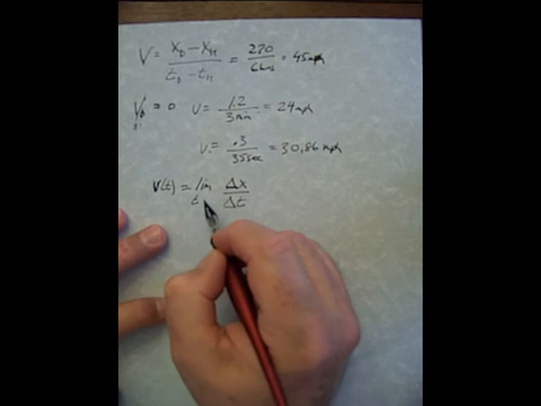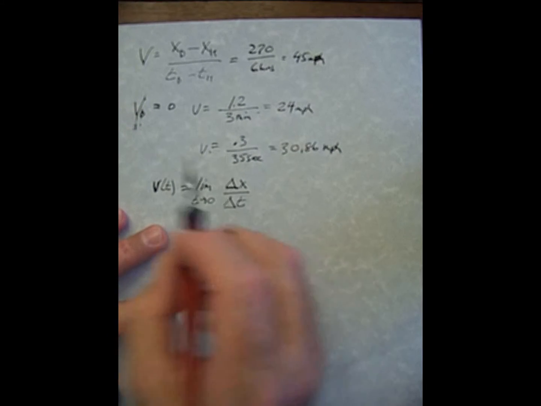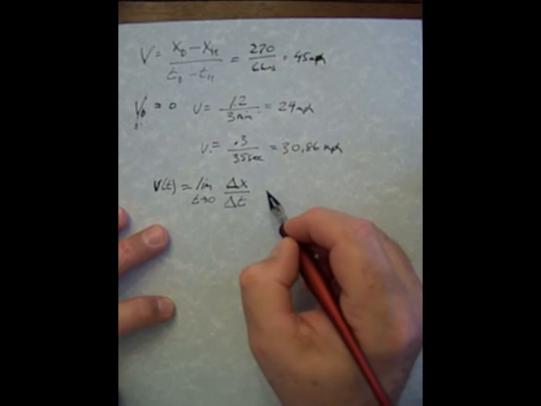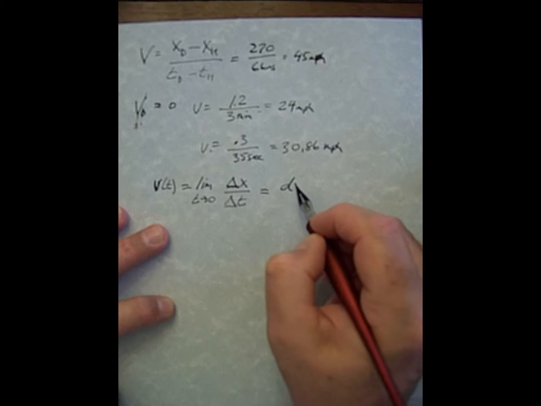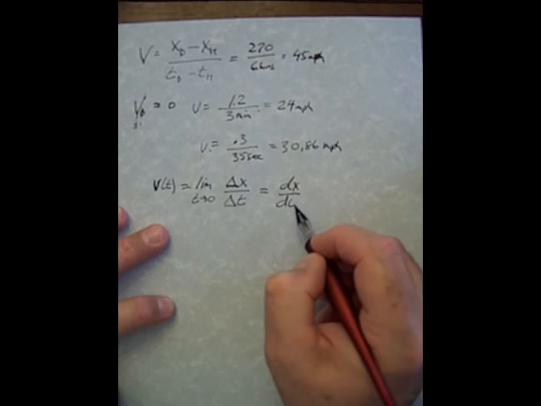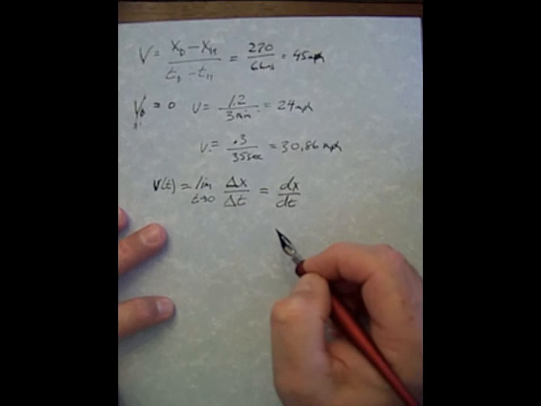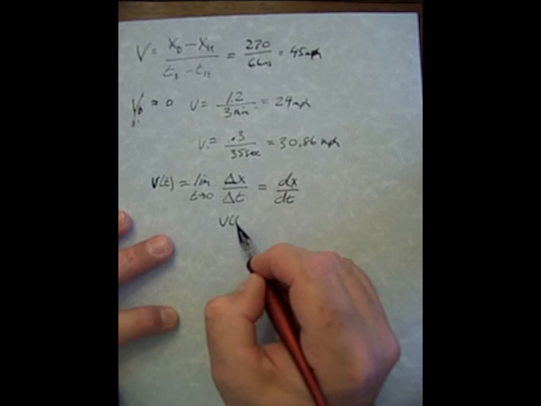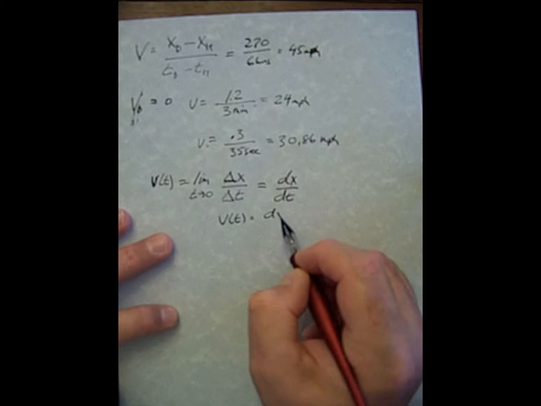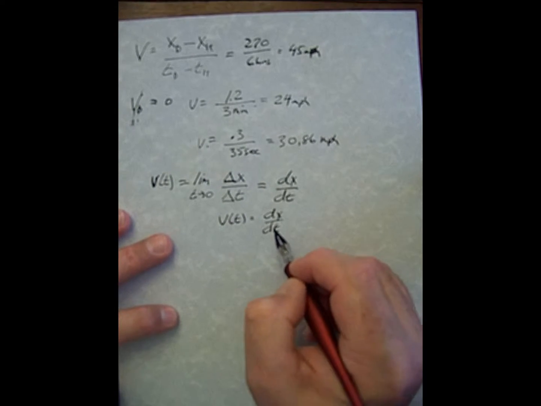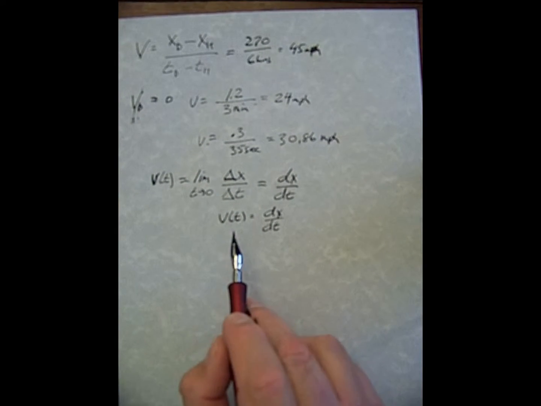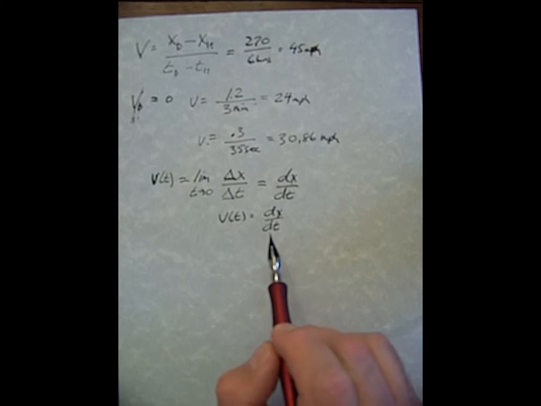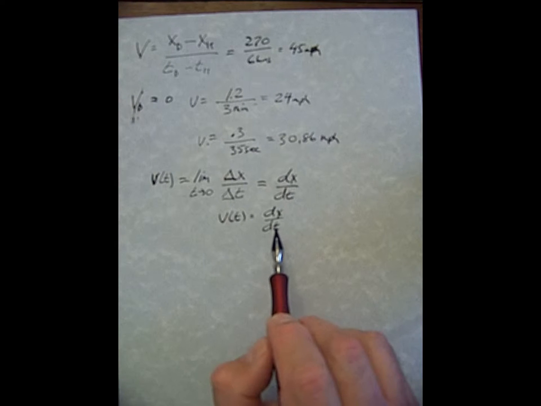The limit, as t approaches 0, of delta x divided by delta t equals something we call a derivative, dx/dt. So v of t equals dx/dt.